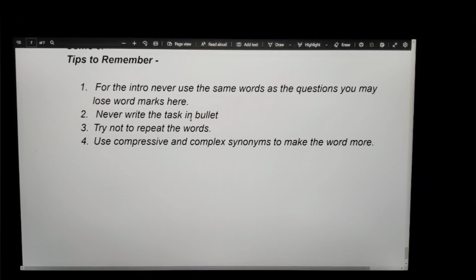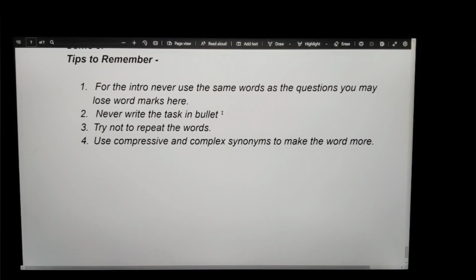The second one is the most common mistake people make: never write the task in bullets. I've seen in many videos of IDP and British Council that they get copies where writing task 1 is written in bullets. If you write your task in bullets, your marks are gone.